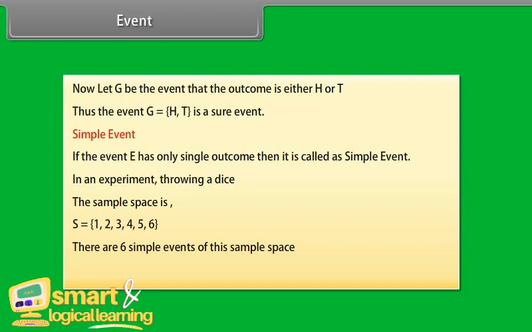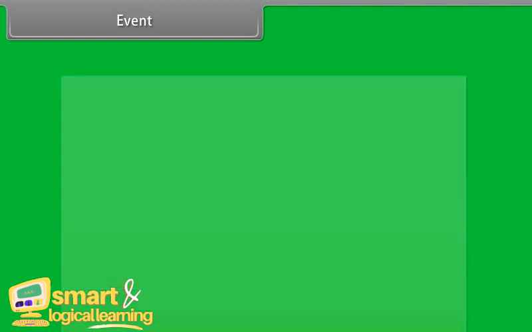There are 6 simple events of this sample space. E1 is equal to {1}, E2 is equal to {2}, E3 is equal to {3}, E4 is equal to {4}, E5 is equal to {5}, and E6 is equal to {6}.